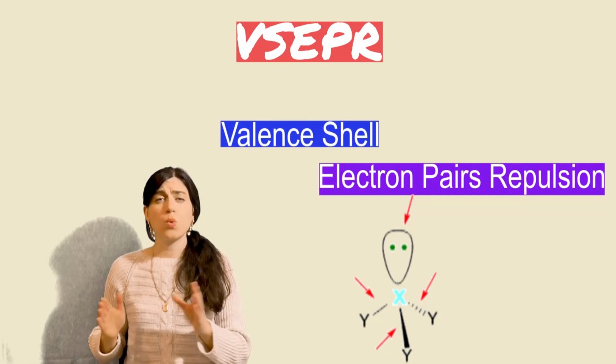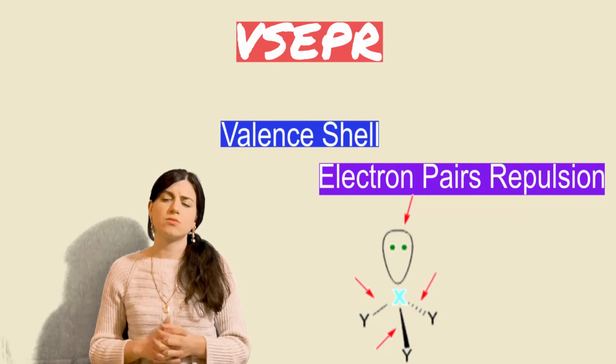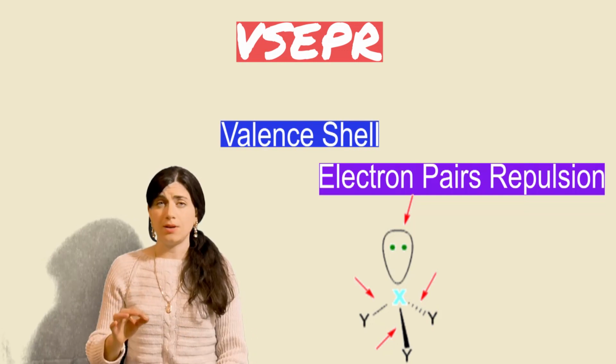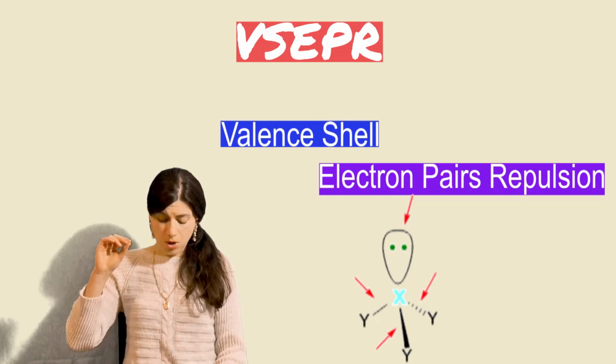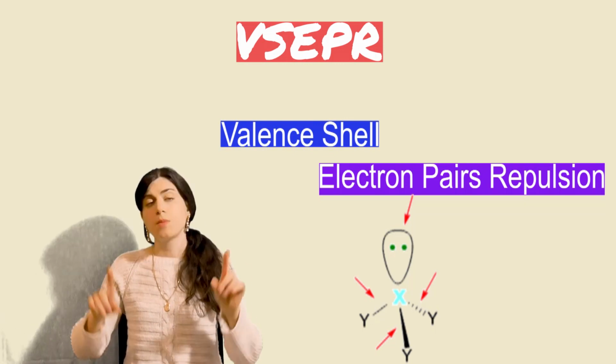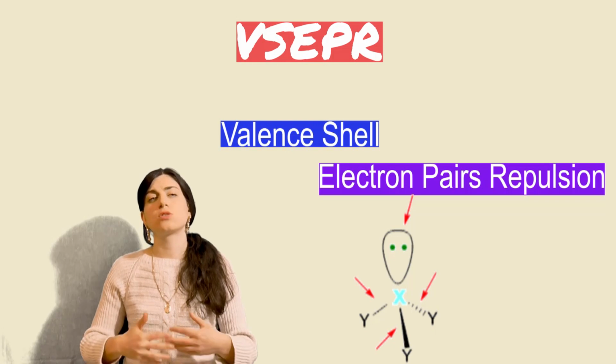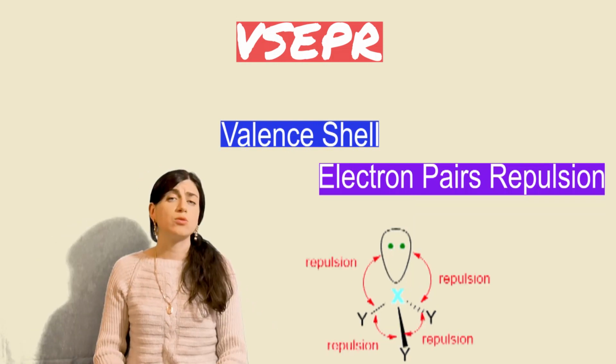The last three words of the acronym tell us that this model finds the molecular geometry by watching the electrons' repulsion around the central atom.